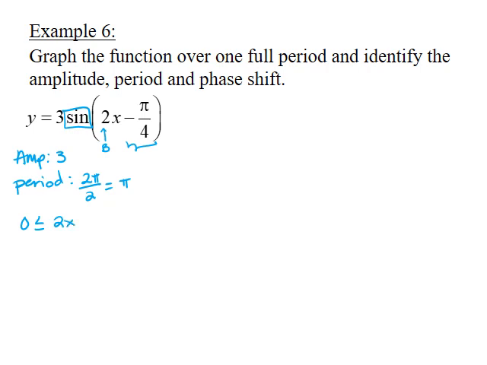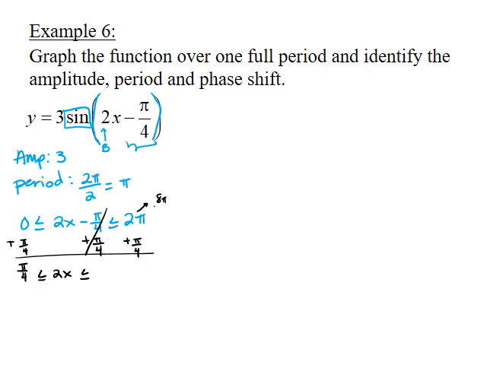Our argument here is 2x minus pi over 4. Remember, the argument of the trig function is whatever's in parentheses. So we're just going to solve this. To solve this, I'm going to add pi over 4 to both sides. So we have pi over 4 is less than or equal to 2x is less than or equal to... over here, remember this can be written as 8 pi over 4.